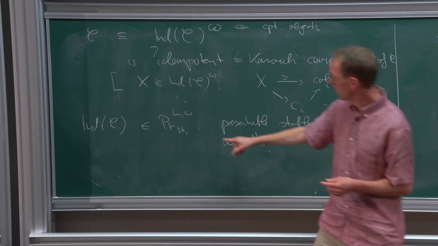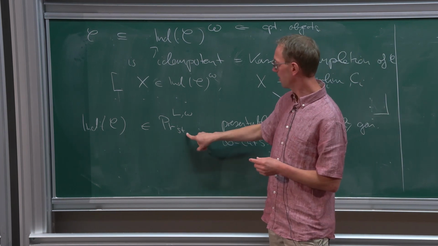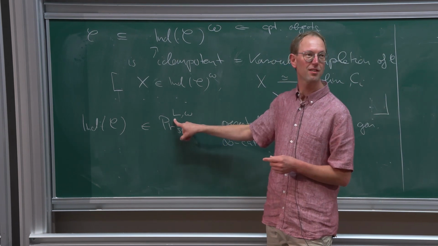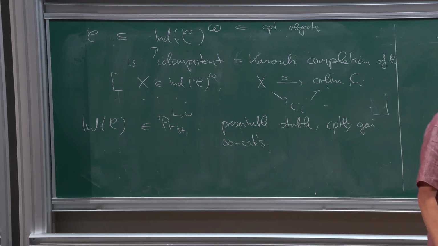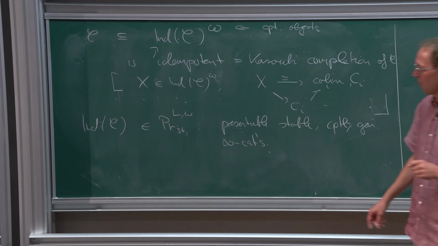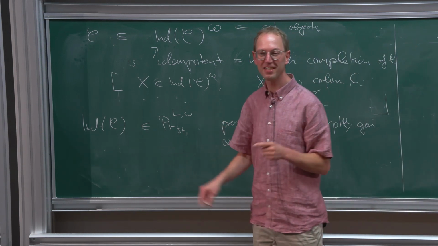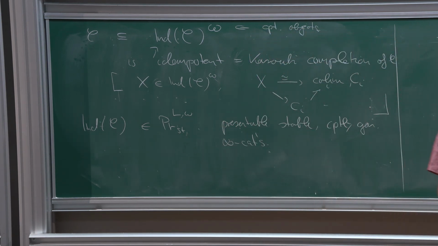Pr, st. This st means stable. PrL means you consider functors which are left adjoints or preserve filtered colimits, and omega means these are compactly generated, and you restrict to those functors which also preserve compact objects, or in other words, the right adjoint preserves filtered colimits.